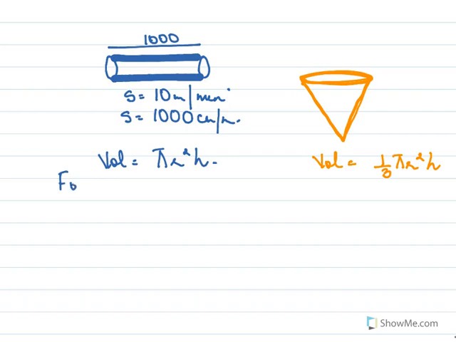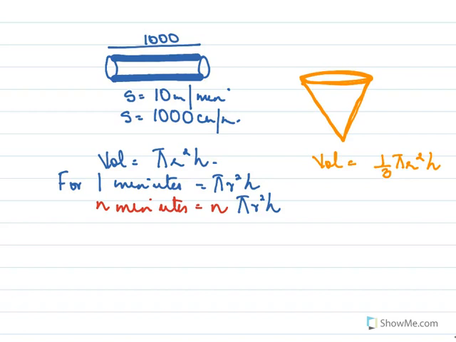This volume is for 1 minute, but it takes more than 1 minute to fill this pi r square h. It takes n minutes. So for n minutes the volume of water will be n into pi r square h. Now this water all flows into this cone.